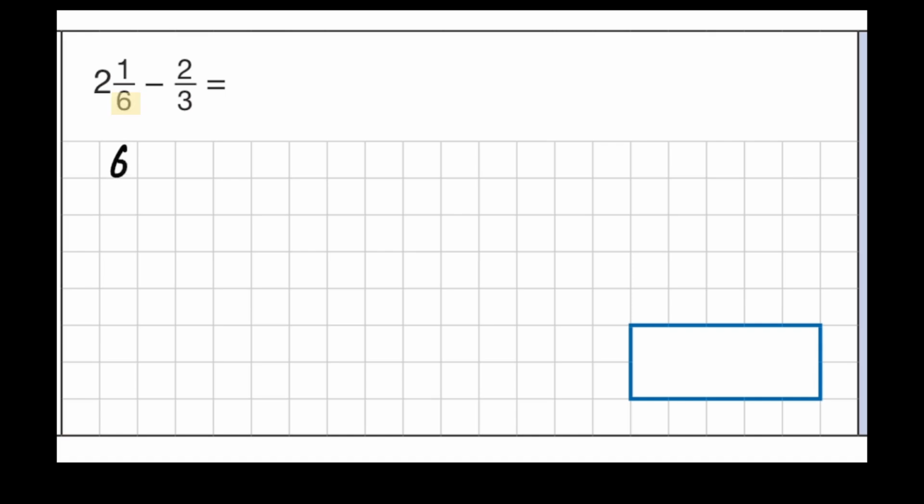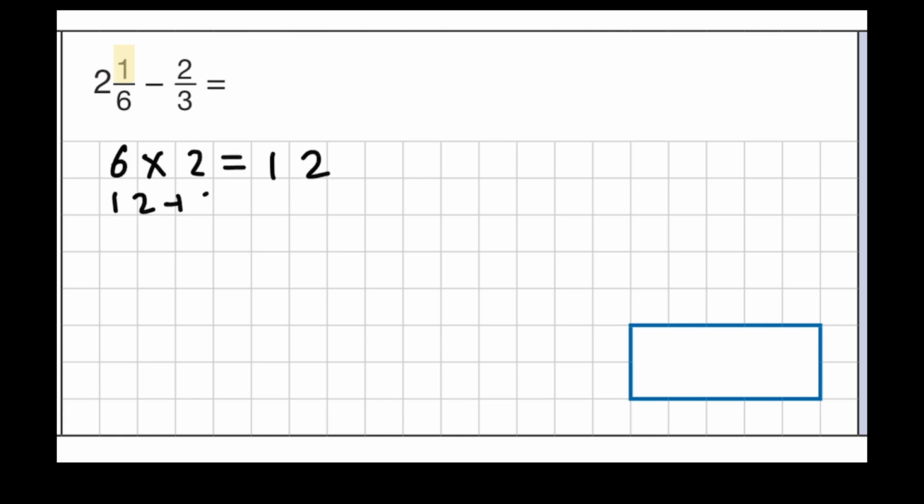And the way you do this is you start with the denominator, which is 6, and you multiply it by the whole number, which in this case is 2. 6 multiplied by 2 is equal to 12. So we have the denominator of 6, we multiplied it by the whole number of 2 to get 12.